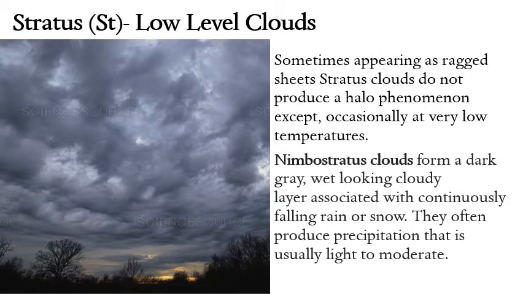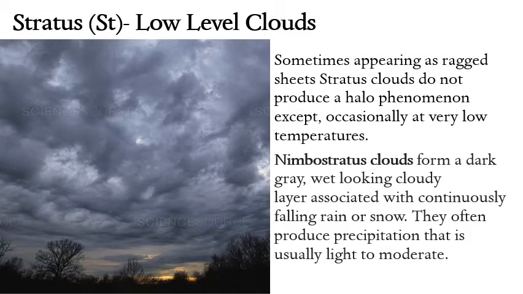This is also another variant of stratus cloud, wherein we can see the sun peeking through the spaces between the clouds, sometimes appearing as rugged sheets of stratus clouds that do not produce a halo phenomenon except occasionally at very low temperatures.